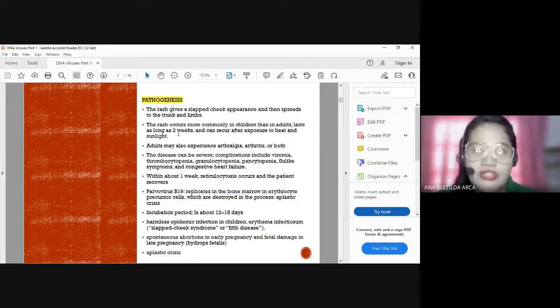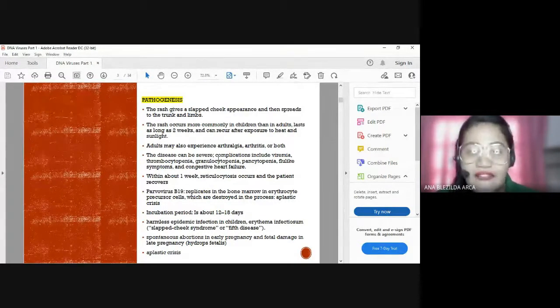Okay? So sa mga adult, it can cause aplastic anemia or aplastic crisis. Pwede rin na arthralgia, arthritis, or both. It can become more severe leading to pancytopenia. Okay? Bababa talaga yung mga blood levels mo hanggang magkaroon ka ng congestive heart failure as a consequence of the infection.